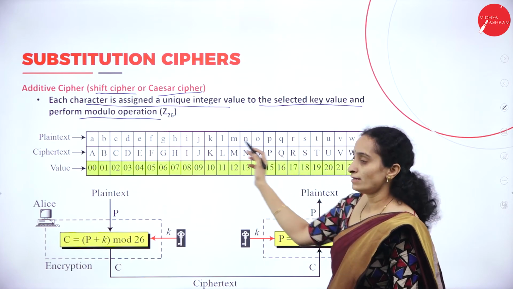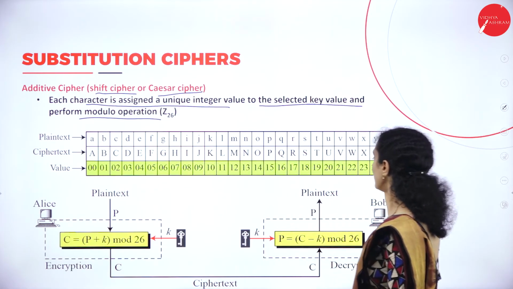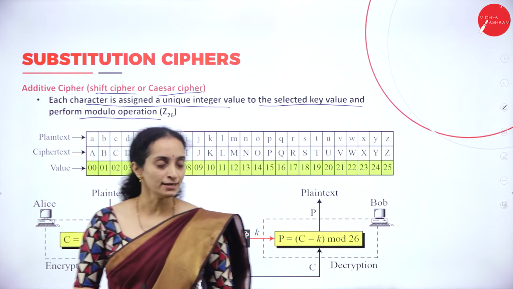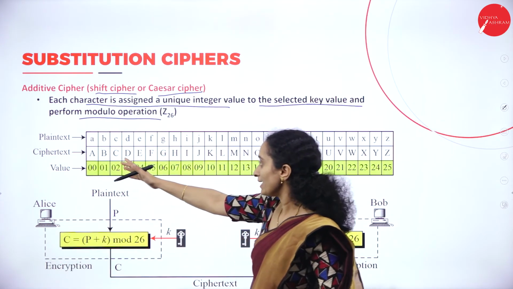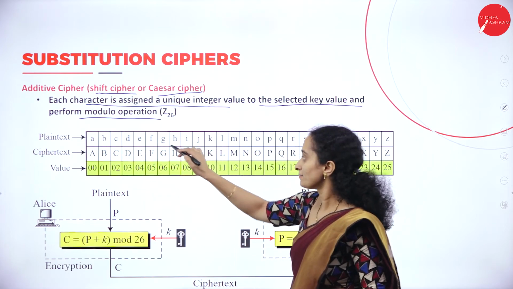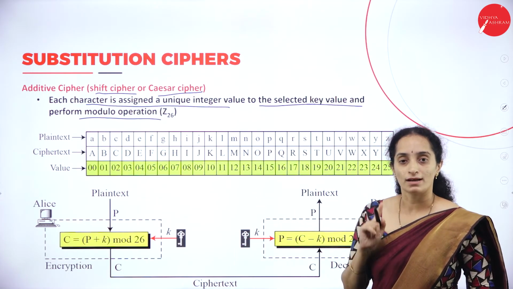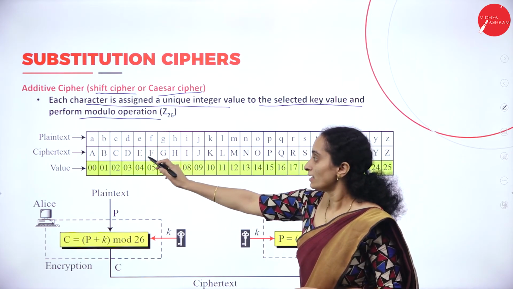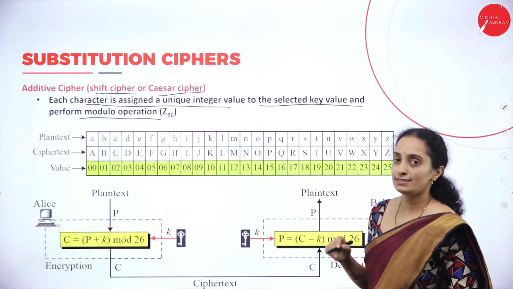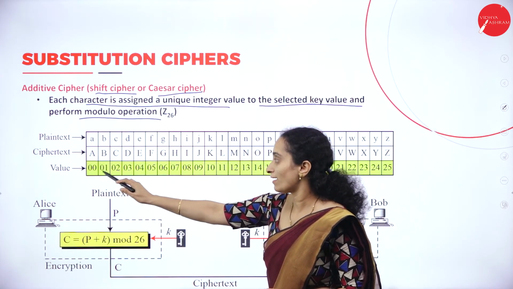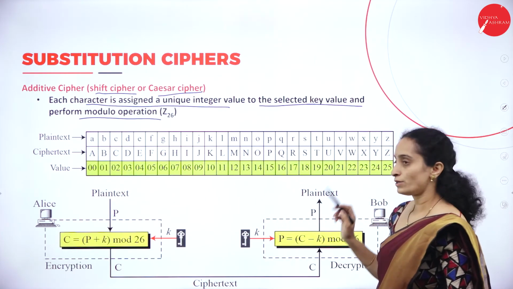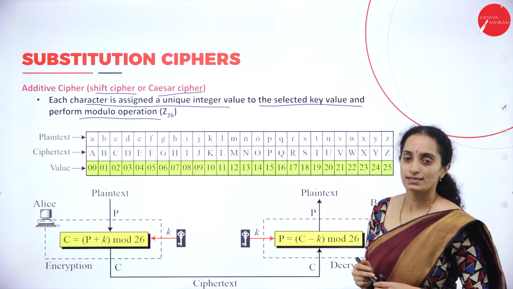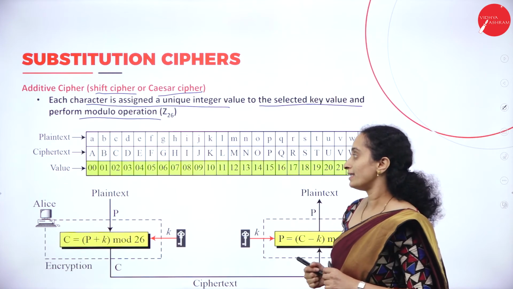So if you have 26 alphabets, they will be replaced by an integer value like in this table. This is the plain text. If the small letter alphabets are plain text and these are the ciphertext, each will have an integer value from 0 to 25, since there are 26 alphabets in English.